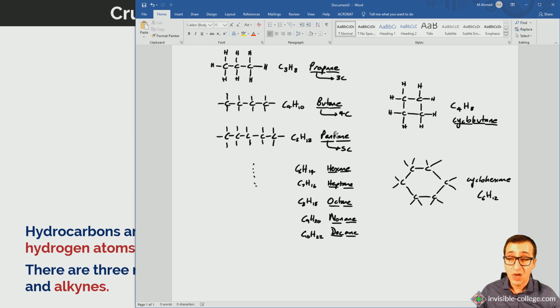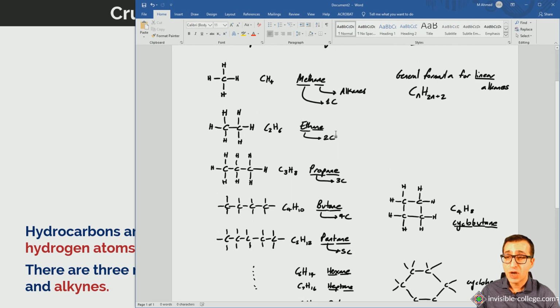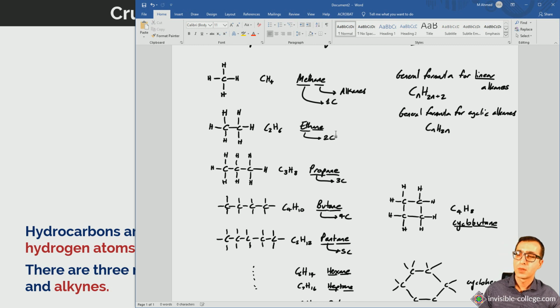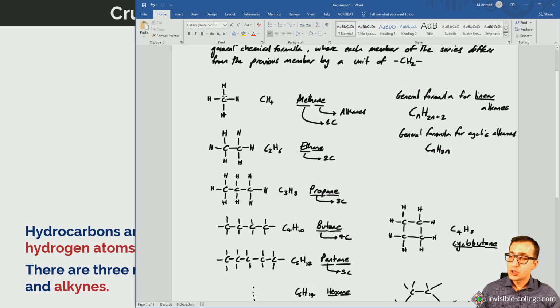So we see here that for cyclical alkanes, the general formula is slightly different. The general formula for cyclic alkanes is going to be CnH2n. So this is the general kind of naming convention that you start with when you're learning organic chemistry.